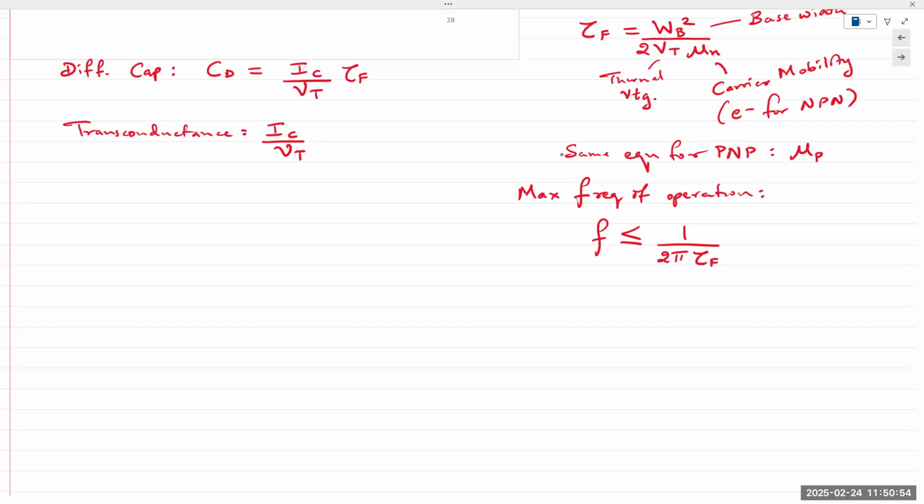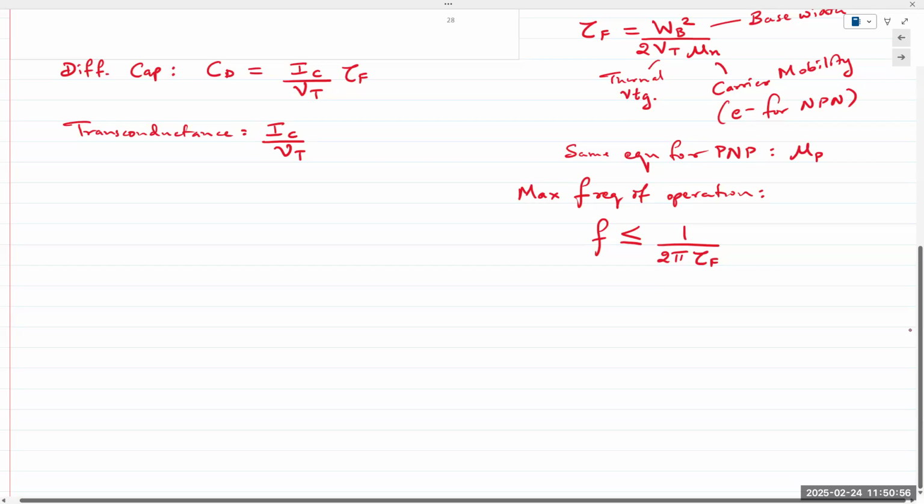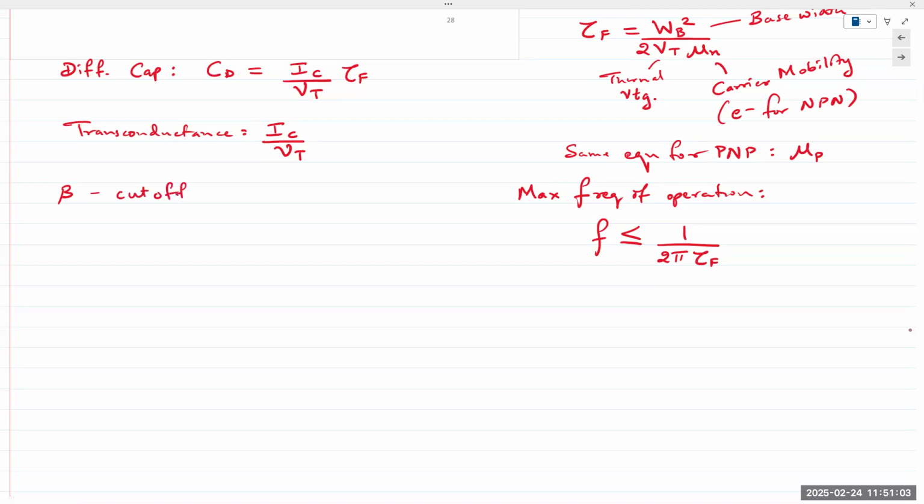And then finally, we have the beta cutoff frequency. Beta cutoff frequency is the upper limit of the current gain beta, the frequency of operation for a transistor.